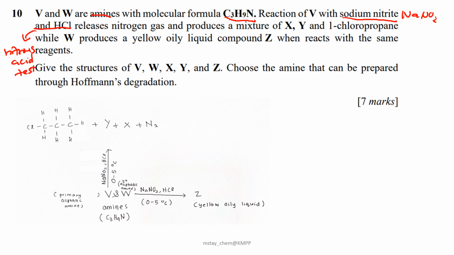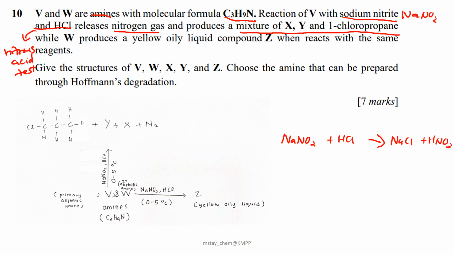Just for your information, NaNO2 plus HCl produces NaCl and HNO2, where the nitrous acid needs to be prepared in situ, which will release nitrogen gas and produce a mixture of X, Y, and 1-chloropropane.